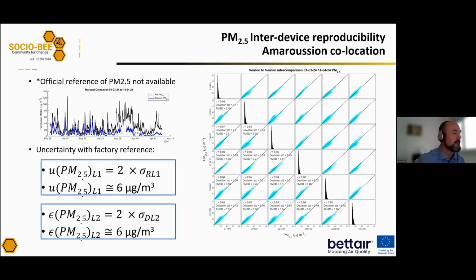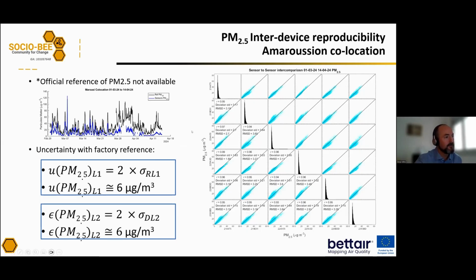Okay, it looks good, so what we did is we used the reference uncertainty of our factory calibration, our in-house calibration. We have a reference equipment in-house, and we use that as an initial estimation of the uncertainty. It is important to note that we had much lower dispersion.